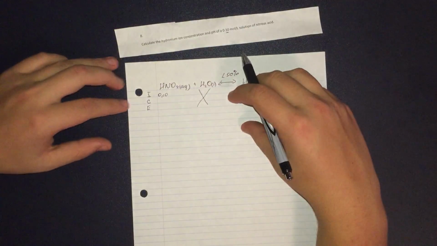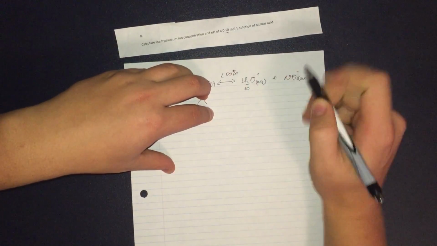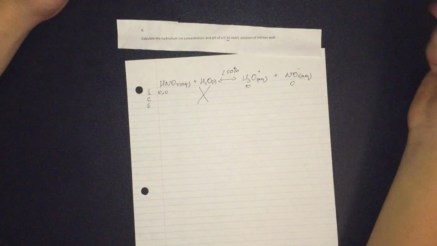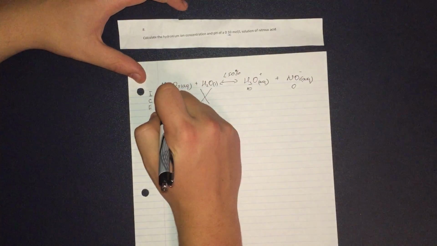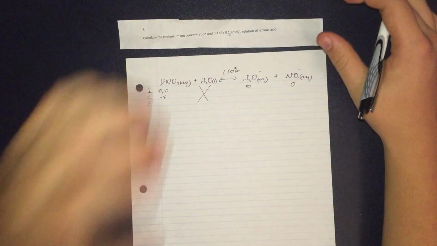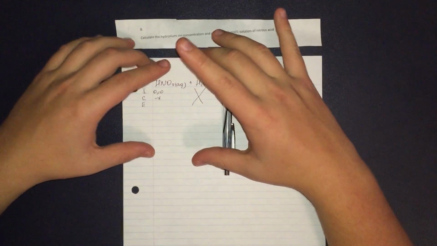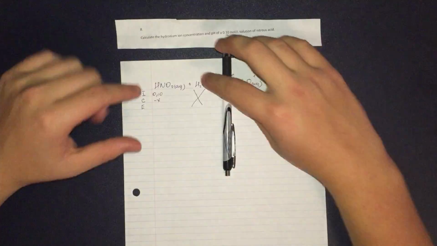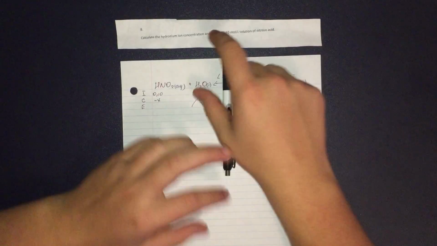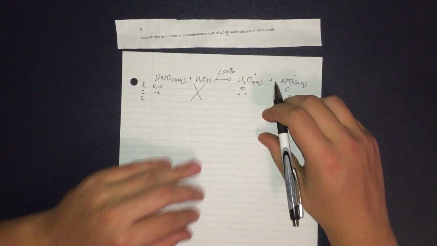If we have initially our reactants, that means on the product side we have a 0. Our change, we don't have any change in our question. That means we put x, but not just x. We put negative x. That means we lose on the reaction side and we gain on the product side, because if we lose on the left, we should gain on the right. This means plus x and plus x.